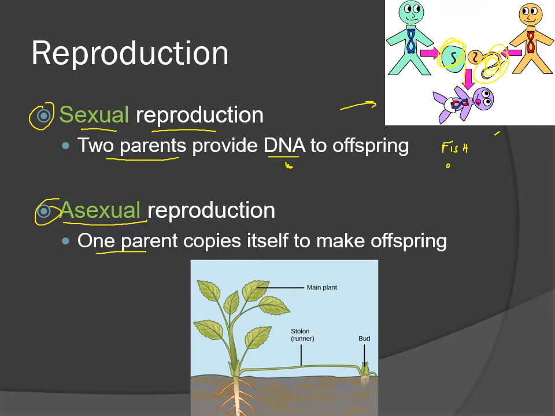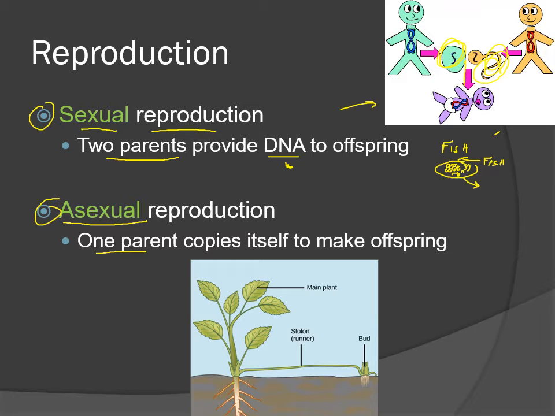The female fish will lay the eggs on a rock surface or on the bottom of the stream, and then the male fish will swim over the eggs and deposit the sperm. So no contact between the two fish, but this is still sex, and it's still two bits of DNA mixing in order to make fish offspring.